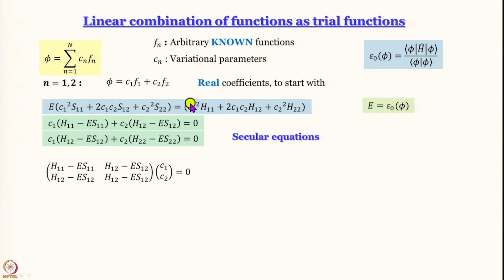ground state energy. We have demonstrated this with a simple example where there are only two terms in the summation. So, phi equal to C1 F1 plus C2 F2, and right now we have kept only real coefficients, but the mathematics is not vastly different if the coefficients are not real.